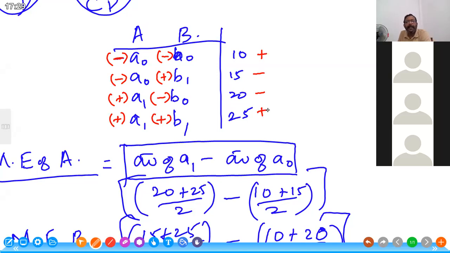Do you understand the principle here? Minus into minus is plus. Minus into plus is minus. Plus into minus is minus. Plus into plus is again plus. So now you see the interaction calculation.